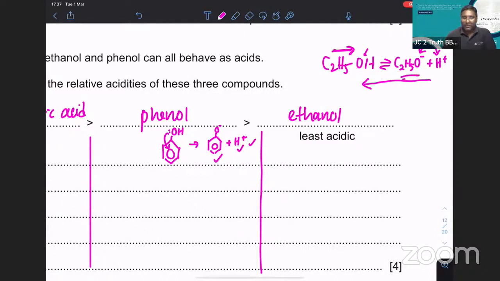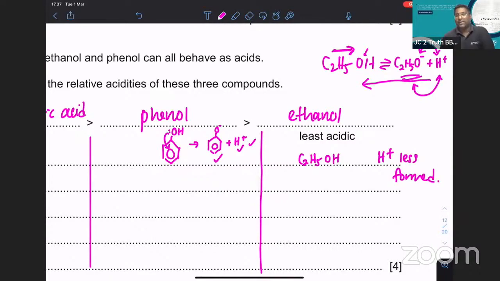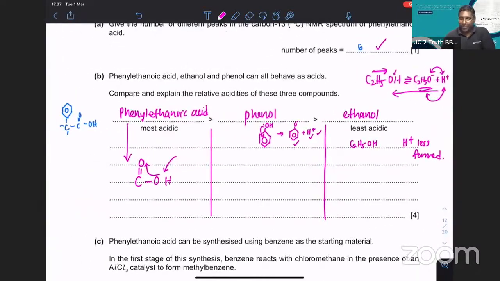If the negative charge is more, the H plus and the negative charge are going to join together to form more C2H5OH. The position is shifted to the left, so it means that the H plus is less formed. If it is less formed, therefore you don't have a lot of acidic condition. So that is what you need to explain in order to get the 4 marks.